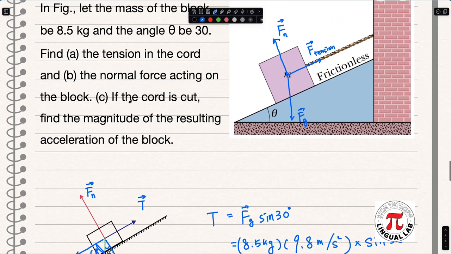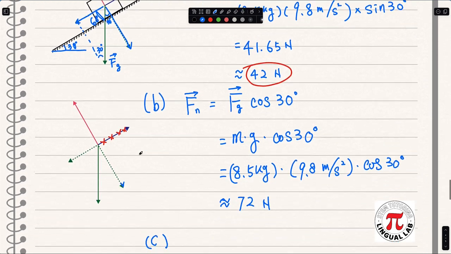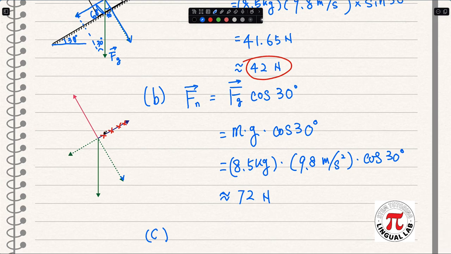Third question: if the cord is cut, find the magnitude of the resulting acceleration of the block. In that situation, this part of the cord is gone, so along this surface we only have one force going downward along the inclined surface.